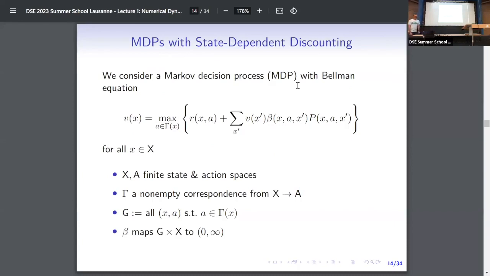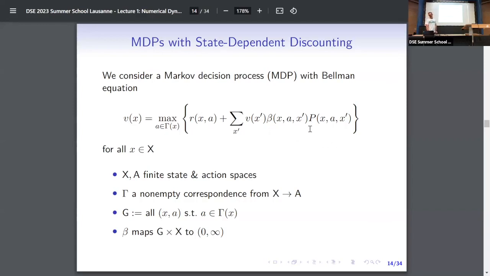So the model we're going to look at is a Markov decision process with a Bellman equation that looks like this here. So this is like the value function. X is the state, A is an action, and gamma of X is the feasible correspondence. It's telling us what we can do at this particular state. I'm summing over next period states.